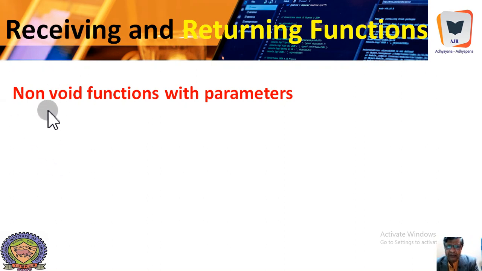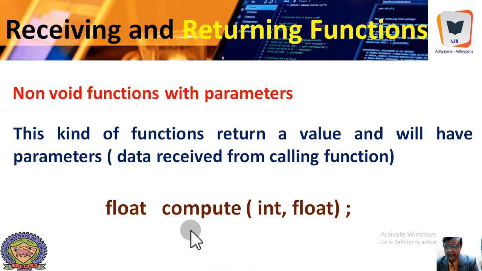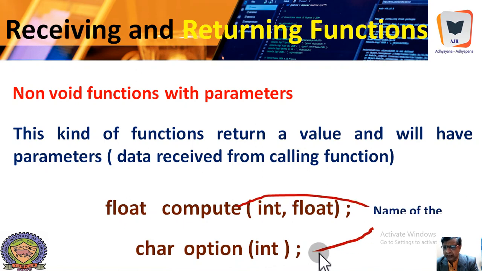So they are typically called non-void functions with parameters, and this kind of function returns a value and will have parameters, that is, data received from the calling function. They will look like this: float compute(int, float), char option(int).